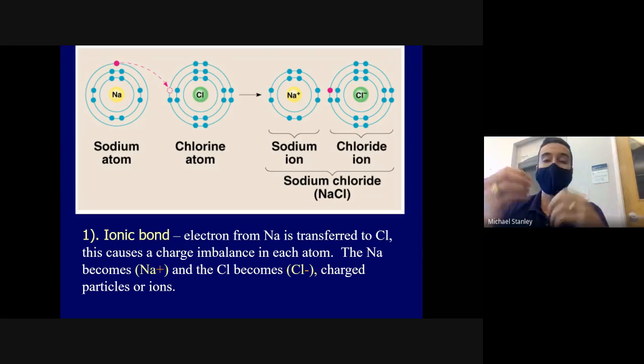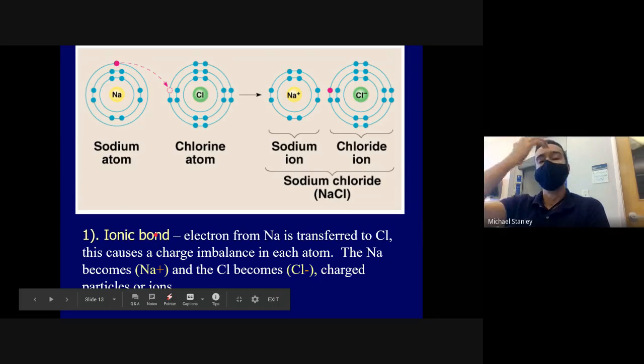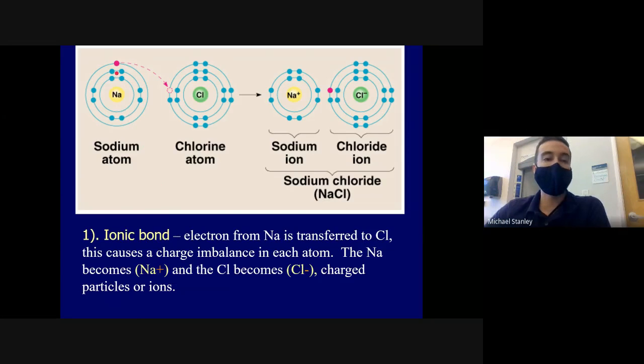So it's almost like now there are two little magnets sitting next to each other and they become stuck together. That's where this ionic bond comes from. When sodium gave away the electron and chlorine took it, they became charged. And when they became charged, they became attracted to each other. So the positive sodium and the negative chlorine stick together because of that attraction between positive and negative. So that's why ionic bonds work.